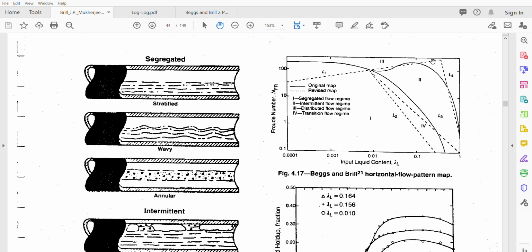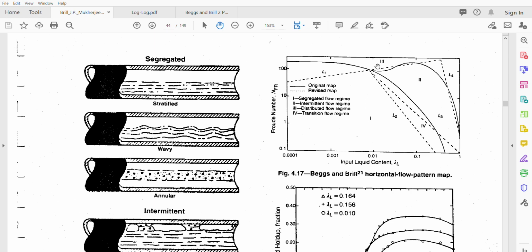This line is called L1, and this one is called L2. This one is called L3. This one is called L4. So everything under L1 and L2 is segregated.